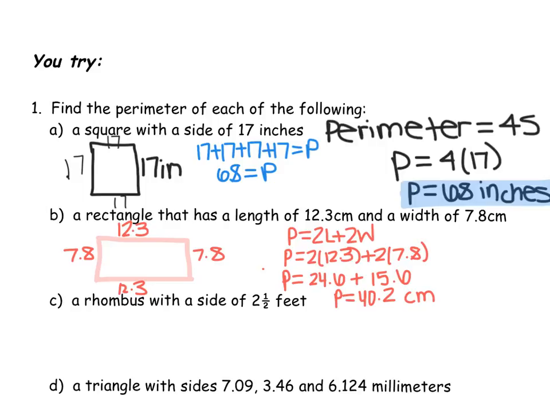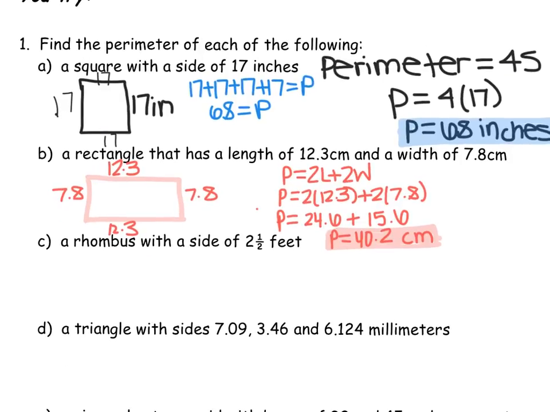Again, if you want, you could add together 12.3 plus 12.3 plus 7.8 plus 7.8. That is always an option. Going down to the next one so that we can get a little bit of each shape in here, the next one is a rhombus.